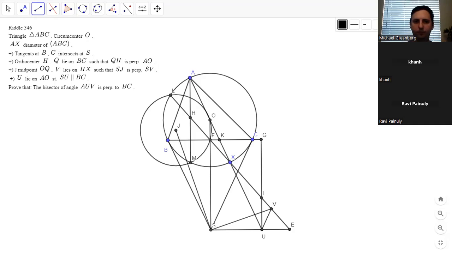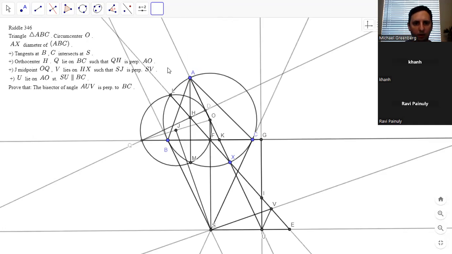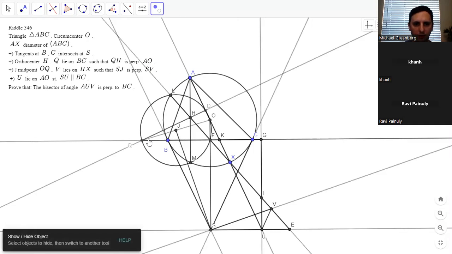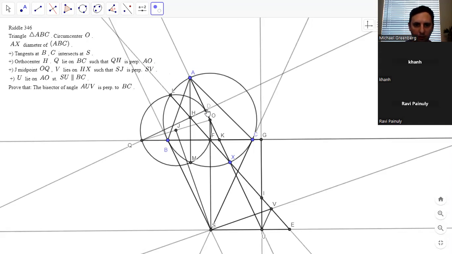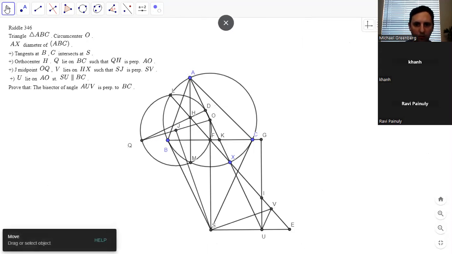Can you show point Q? So if we can prove that QM is perpendicular to UV, then we are done.